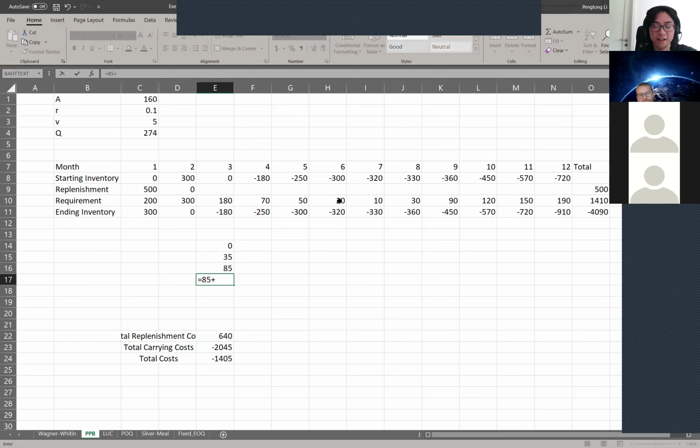And the next number is 20, but we're carrying it for 3 months. And we need to do it again. The next number is 10. We're carrying it for 4 months. And we need to do it again.